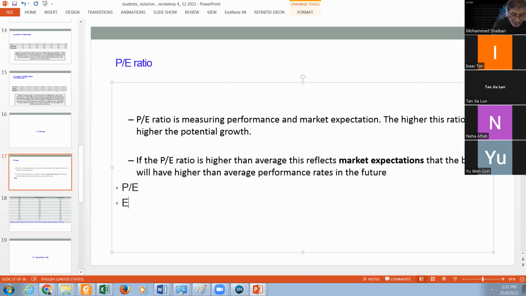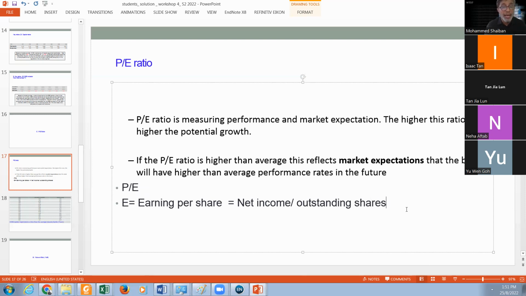E stands for earnings per share, and the earnings per share is the net income over the outstanding shares. And we need this to be higher.